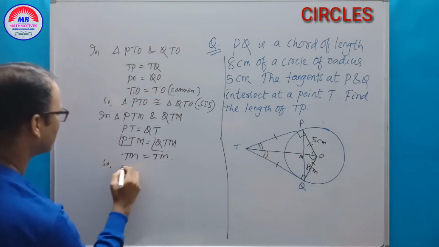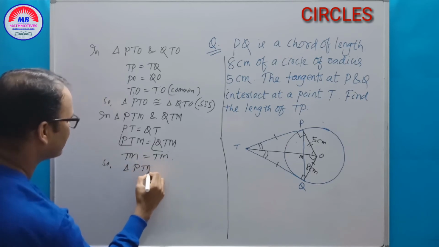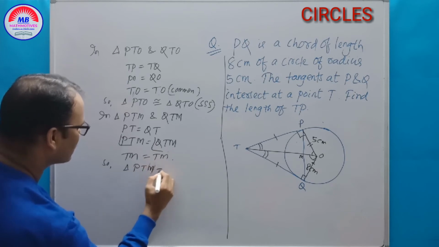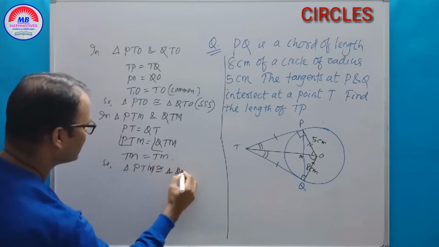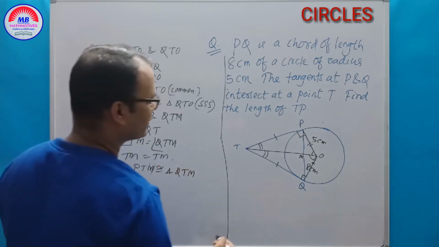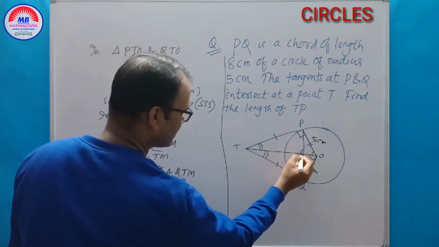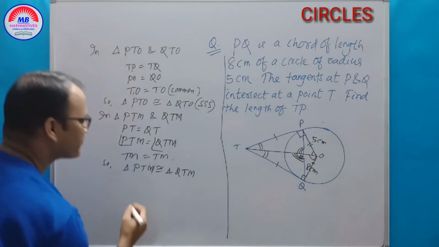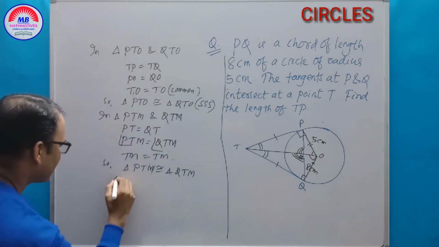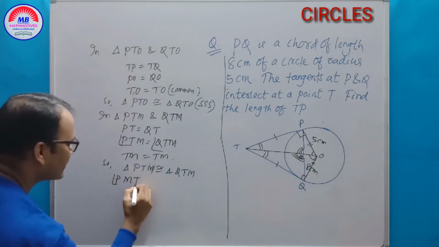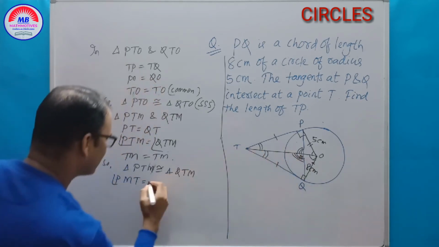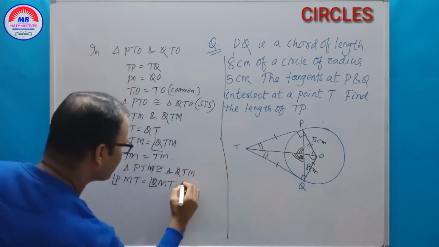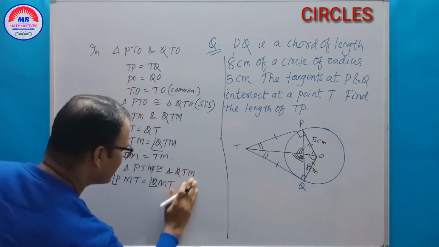So triangle PTM is congruent to triangle QTM. So this angle is equal to this angle, CPCT. So angle PMT is equal to angle QMT.